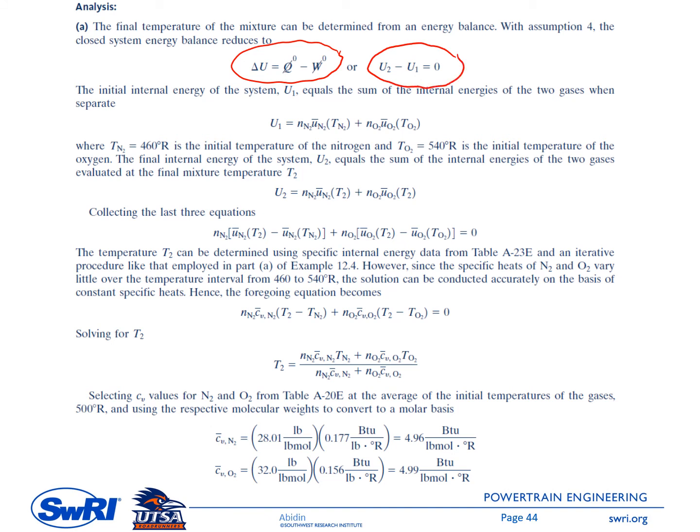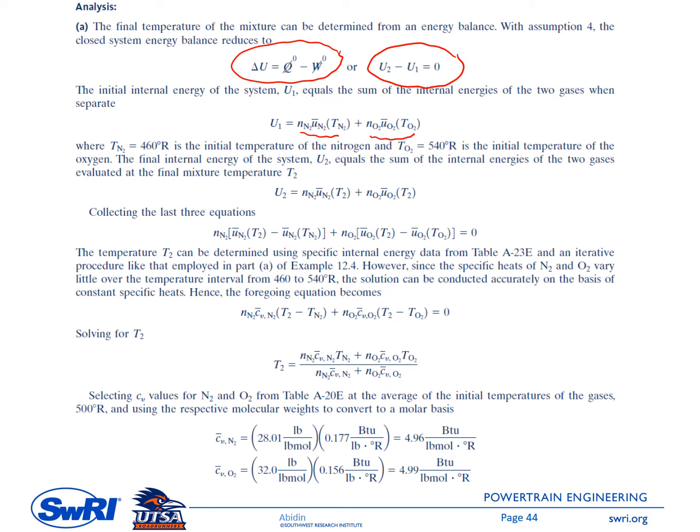The initial internal energy of the system, U1, equals the sum of the internal energies of the two gases when they are separate. So we have the contribution from nitrogen as well as the one from oxygen. It is just the specific internal energy on a molar basis times the number of moles of the corresponding gas.